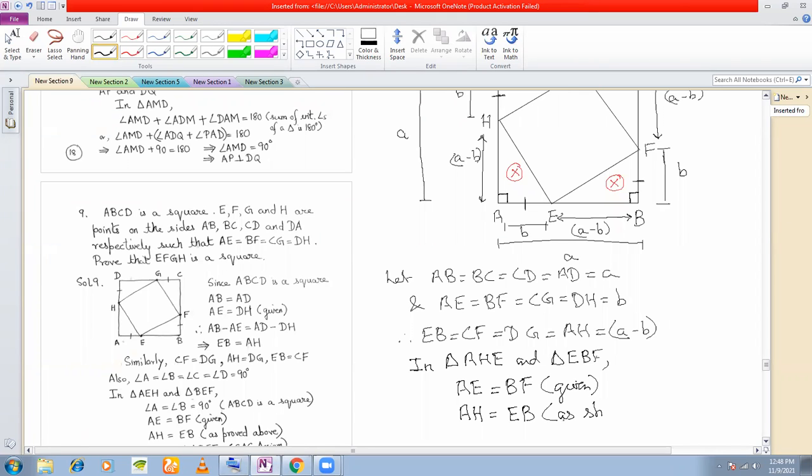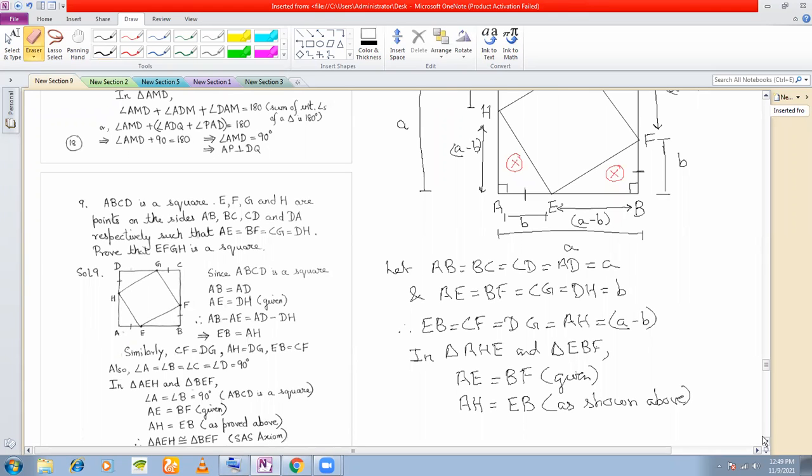Here, if you see, AH is equal to EB, right? And what else? The right angles. Angle HAE is equal to angle EBF.